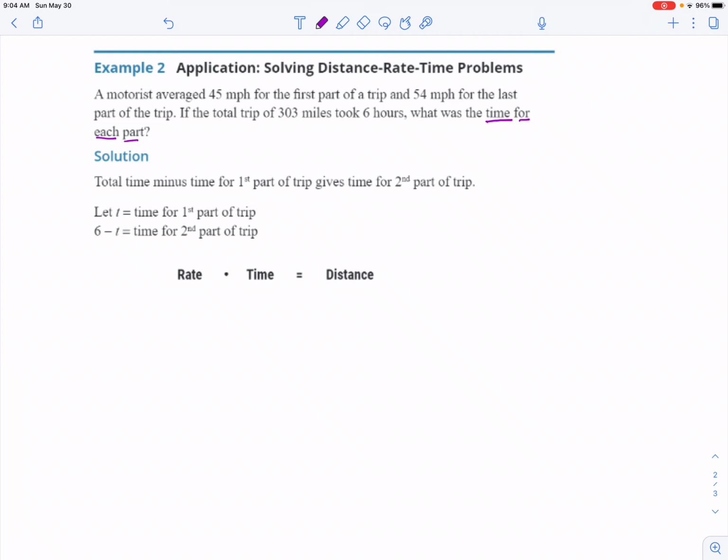All right, so let me do my little sketch. She started out and went for the first part of the trip, averaging 45 miles per hour. Okay? Stopped, took a break. Second part of the trip, last part of the trip, she was able to average a little bit faster rate, 54 miles per hour.